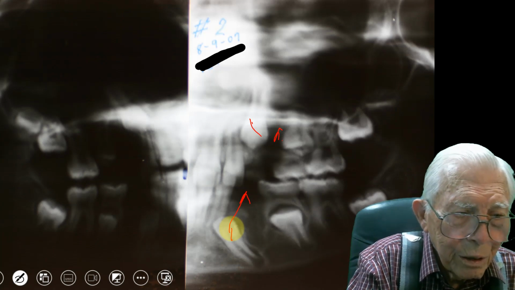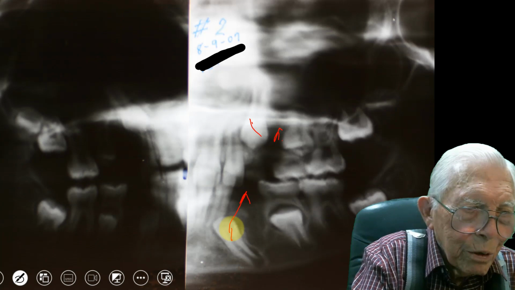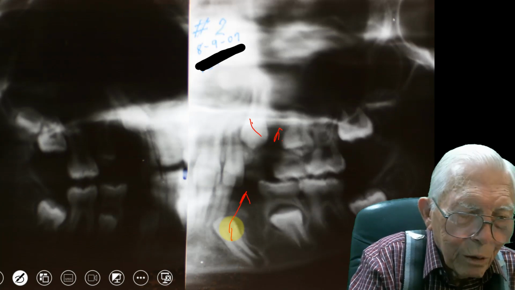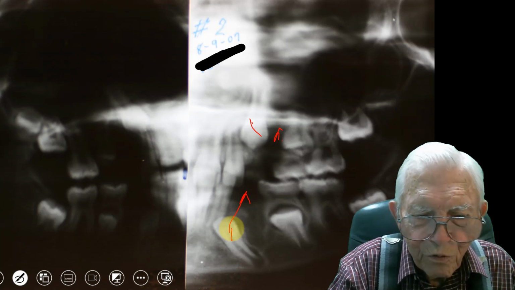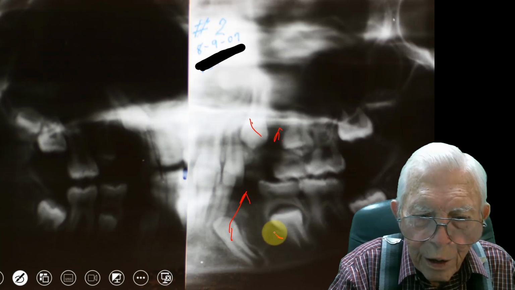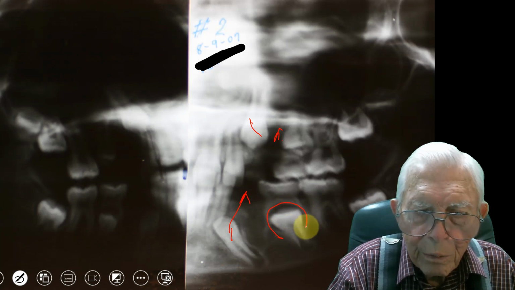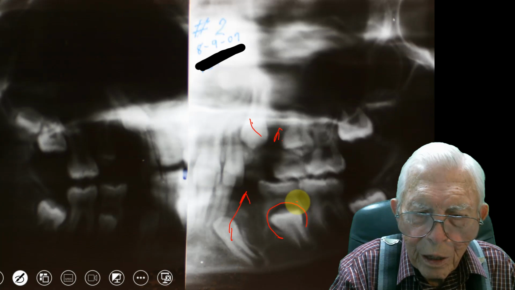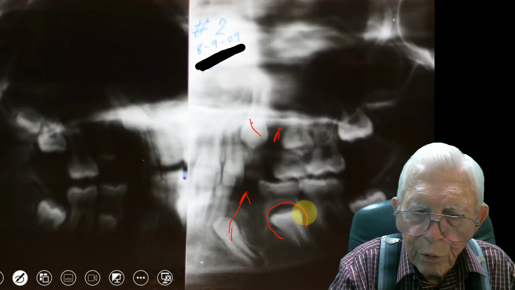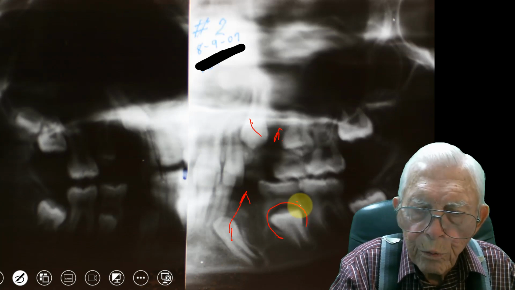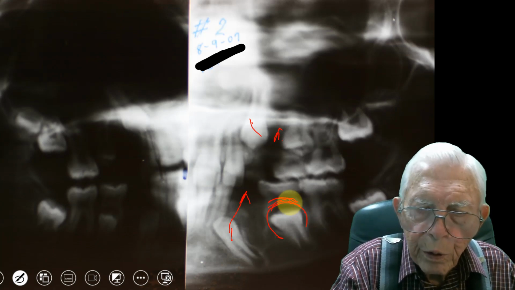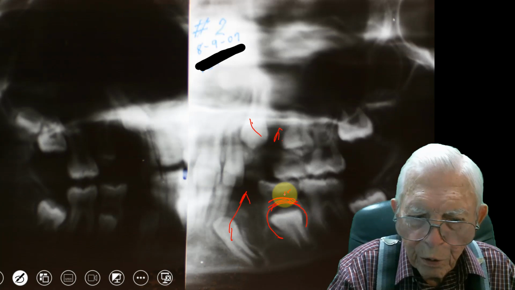The x-ray's not any good on this one, but it's moved back away too. Now this follicle is round in here. It's coming up here between the baby teeth. Now the follicle will move through bone. It'll also move and dissolve deciduous teeth, but when it gets to the enamel, it can't do it.